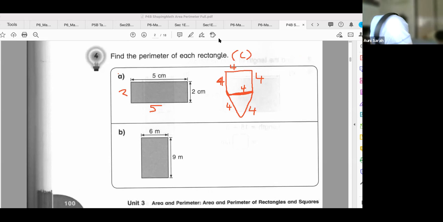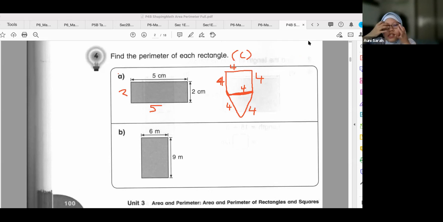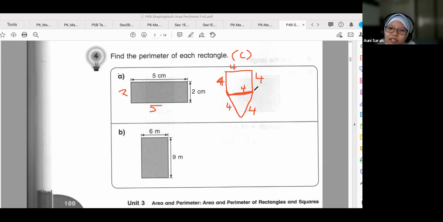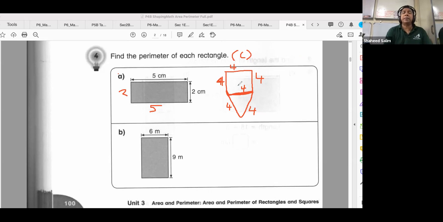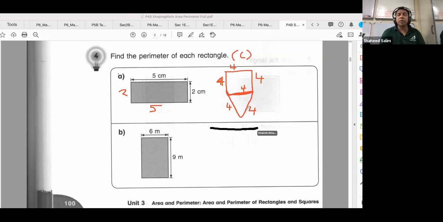Okay, well done, Auni. Well done. What about C, Auni? I can't see the C. The red color one, I drew in red. I want you to find the perimeter. Actually, can I rewrite that a lot bigger? Okay, you draw.